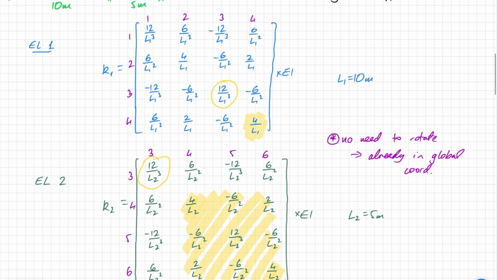For this, we need column 4 and rows 1, 2, and 3. Here, let's use a different color to show that. Column 4, rows 1, 2, 3 gives us these. And from element 2, we just get this row here. So that is what needs to be taken into account.